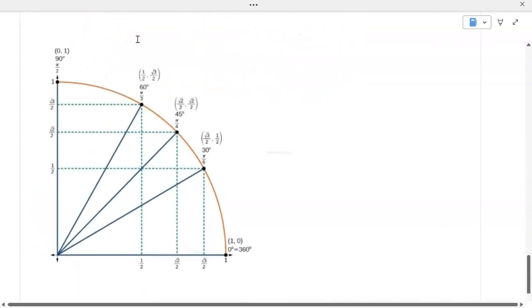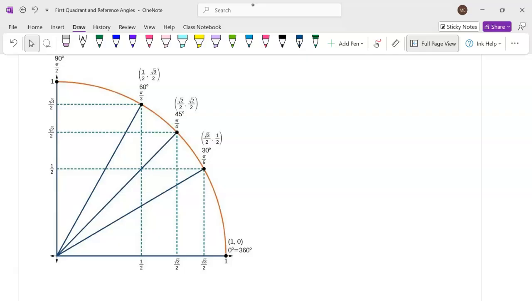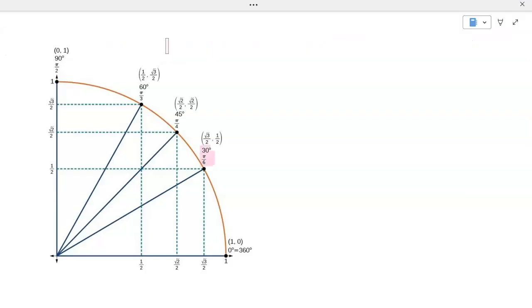Okay, so the last thing I want to do here before we pause on this screencast and move to the next one, I want to put it all together in the first quadrant. We know that in the unit circle, the radius is 1. We have just found all of our angles here, right? At pi over 6, at our 30-degree angle, we found our coordinates.